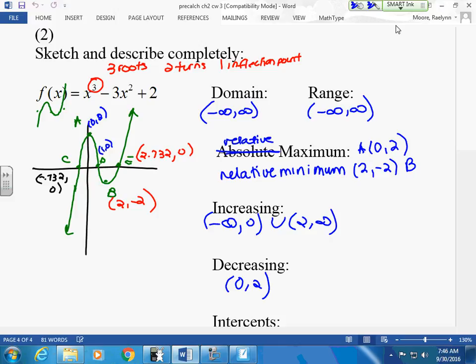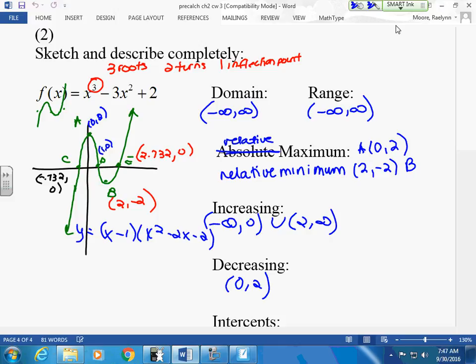Now, I'm going to factor this guy. I'm going to give you the factors of it. Our y-intercept is easy to find. I would go back to the original all the time for the y. Because what are you plugging in to find your y-intercept?